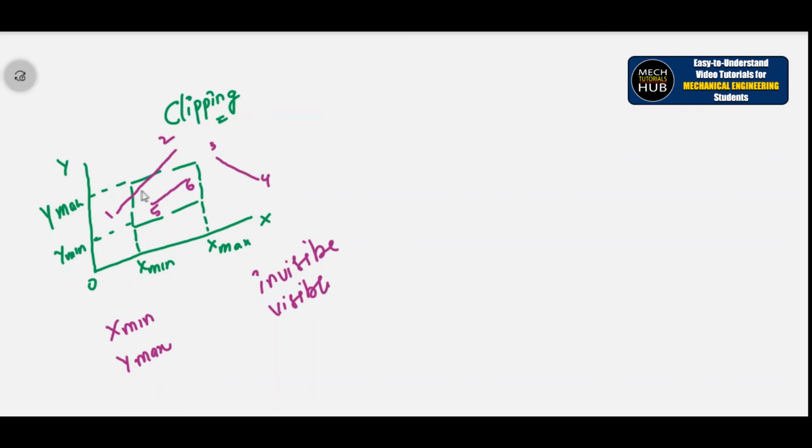Now, as this line is passing through two intersections, we need to find the intersection of line 1, 2. How is that going to be done?